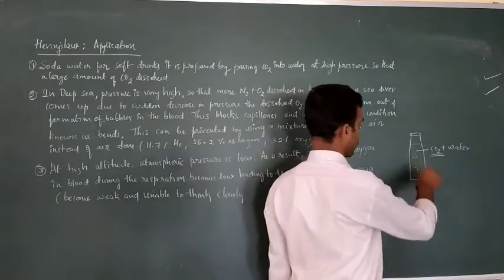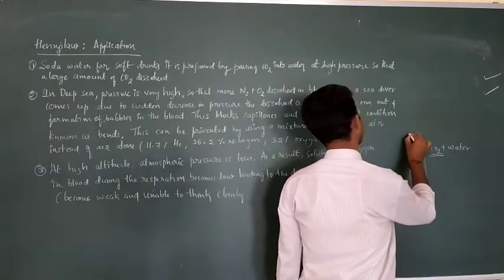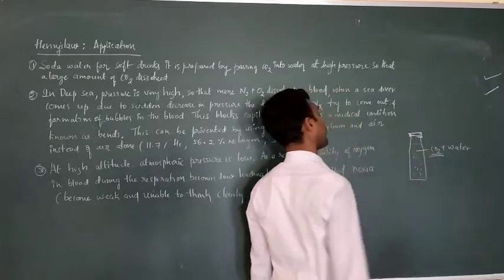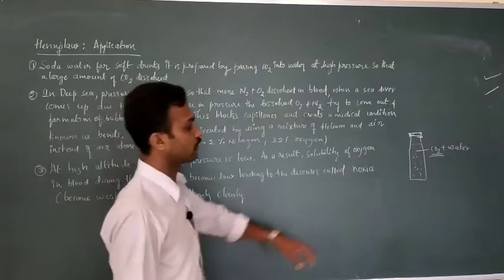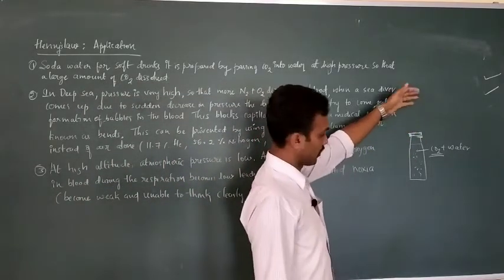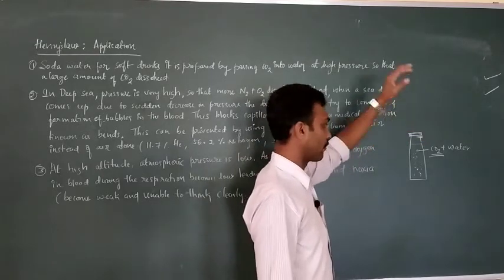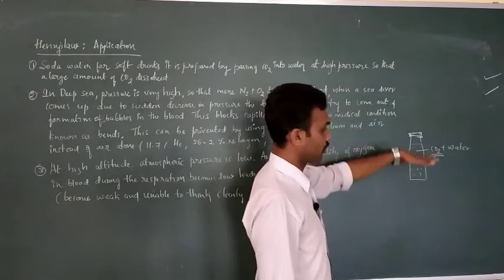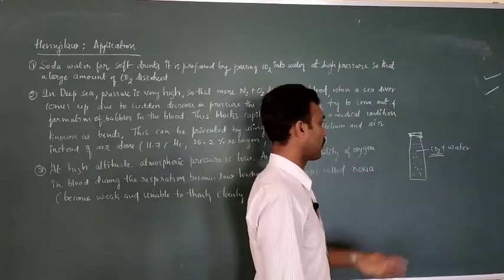So we have to pass carbon dioxide into water under high pressure, and the lid should be cork, tightly closed. Why? Because the gas would escape if it is open. So the solubility of the gas increases when you add more and more pressure, and you have to make it tight.